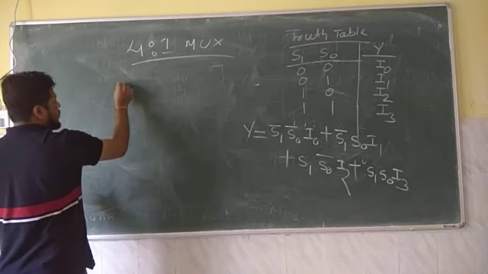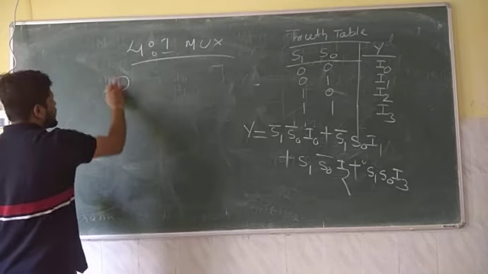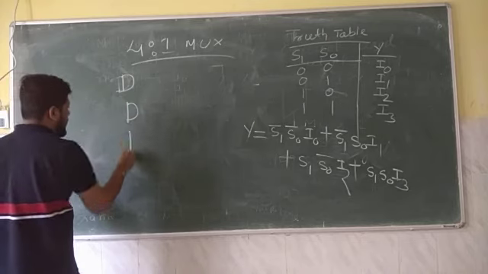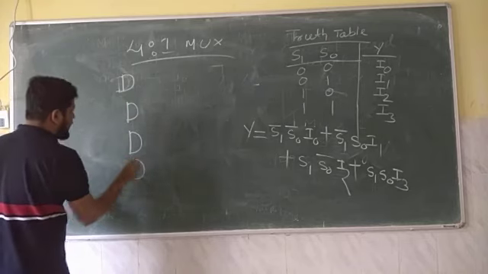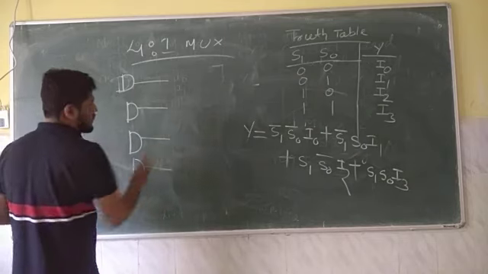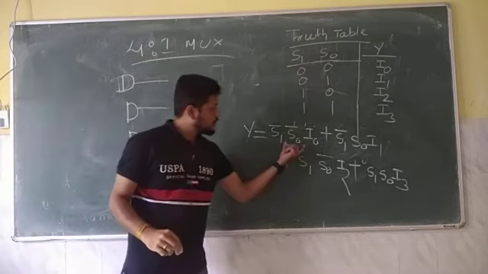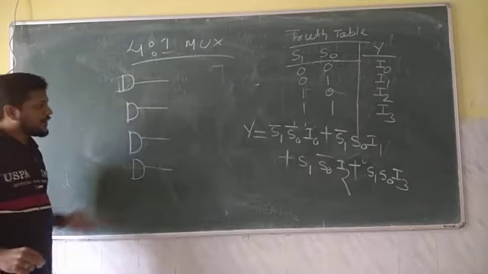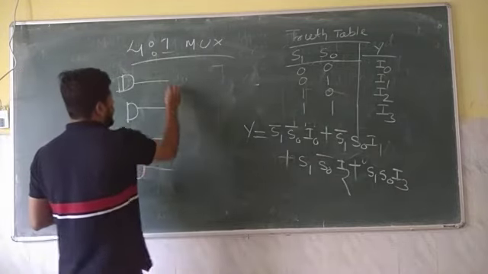We will have 4 AND gates because here we have 4 expressions, 1, 2, 3 and 4. That's why we need 4 AND gates, and finally 1 OR gate.